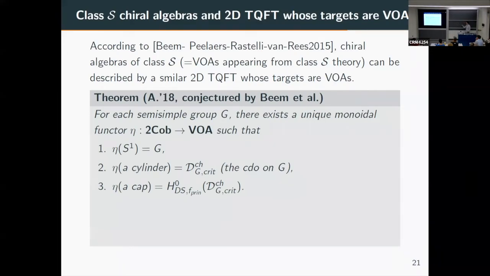The statement is that this uniquely characterizes this functor, and moreover, if you consider the associated variety of the VOA that appears as the image, it coincides with the Moore-Tachikawa varieties.